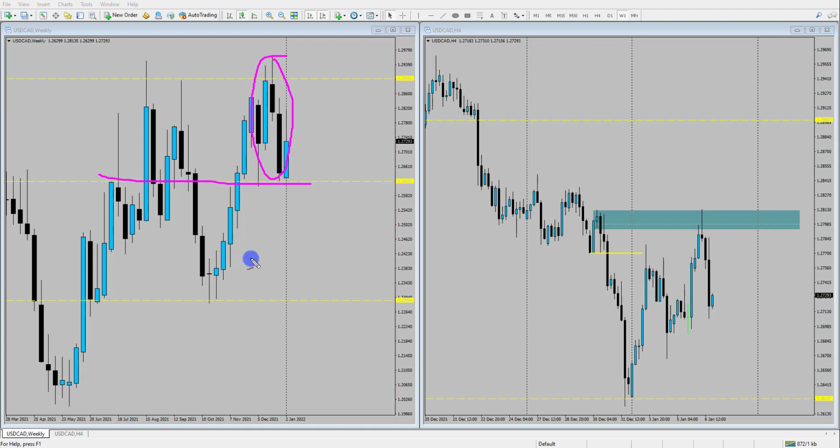However, looking at it from an overview, we could see price push below this area and continue to the downside, especially as obviously we had some strong dollar bulls come into the market yesterday due to the FOMC meeting minutes. However, today we've seen that bullishness fade a little bit in the markets, and that's allowed CAD to strengthen against the US dollar in the short term, and this looks likely to potentially push back down again.